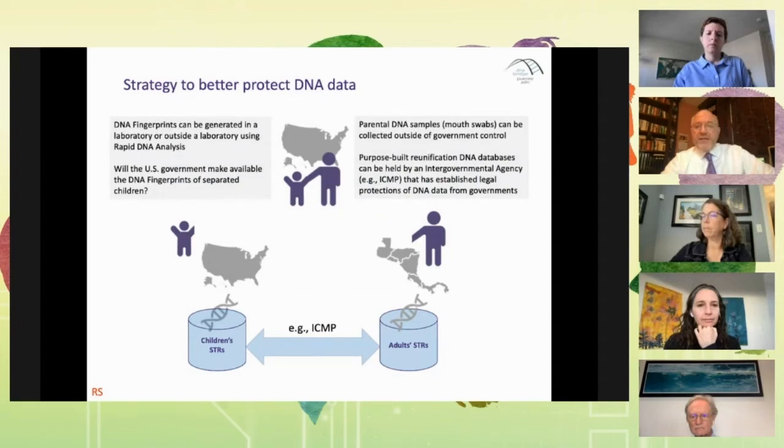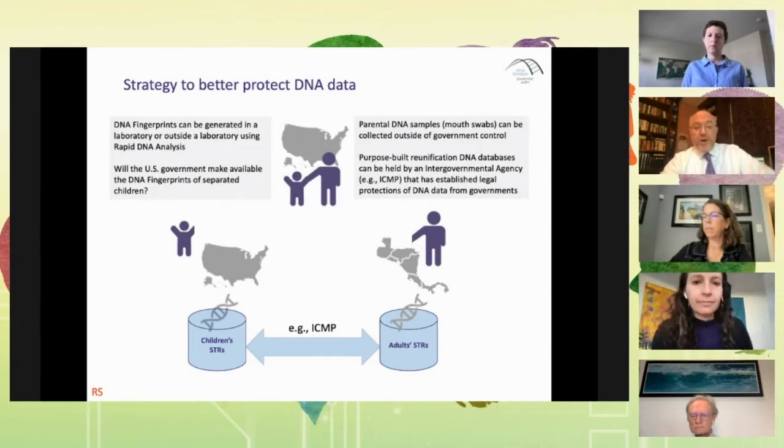Our vision is that ICMP will then search the migrant children DNA data against the ICMP parental database, not a one-to-one search, a database-to-database search. And when ICMP identifies a match, they will then notify the NGO that the parents worked with and the NGO that the separated migrant children worked with to enable ultimately trauma-informed reunification.